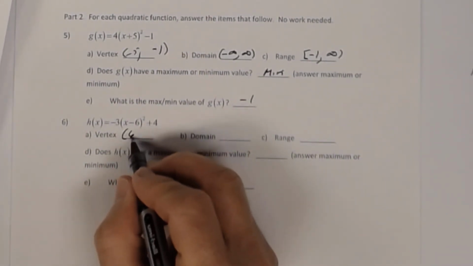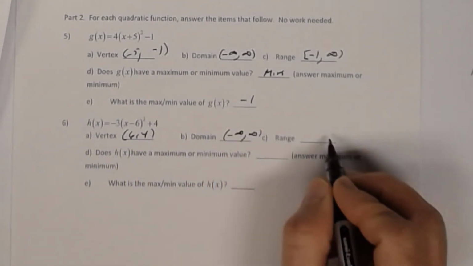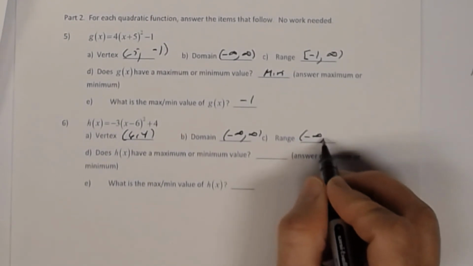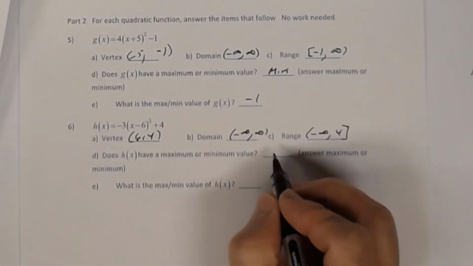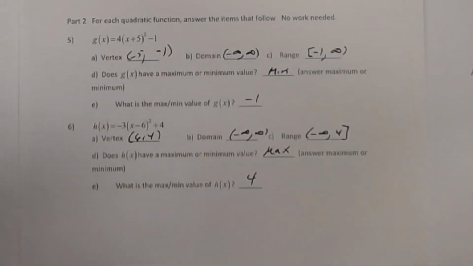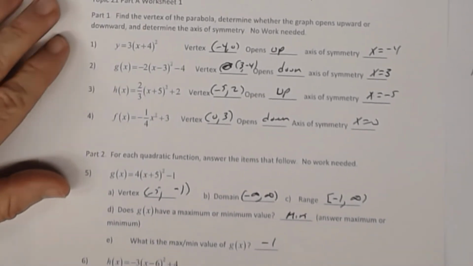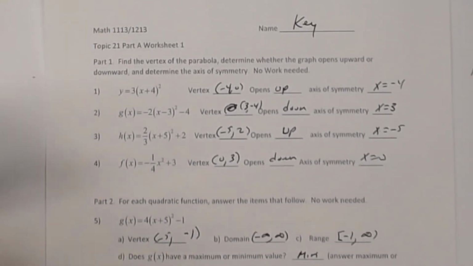This one, the vertex was (6, 4). The domain was negative infinity to infinity. The range was negative infinity to 4 with a bracket. It was a maximum value, and the maximum value was 4. So that was the key to topic 21, part A.